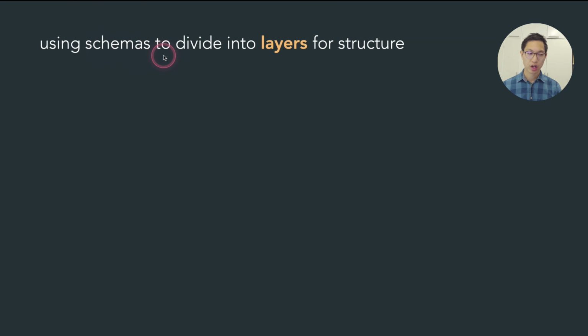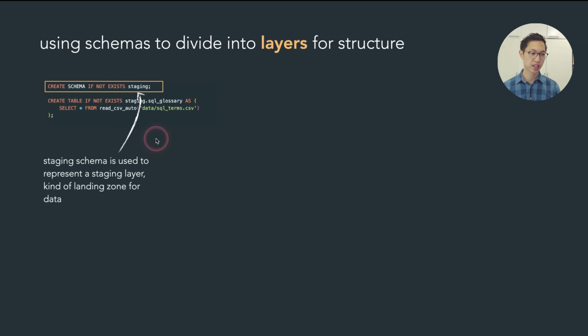And then we'll talk a little bit about schemas to divide data into layers for structure. Here I create a schema called staging. Here is usually where you have your raw data. You put your raw data into the staging. The staging schema is used to represent the staging layer, the landing zone for the data.